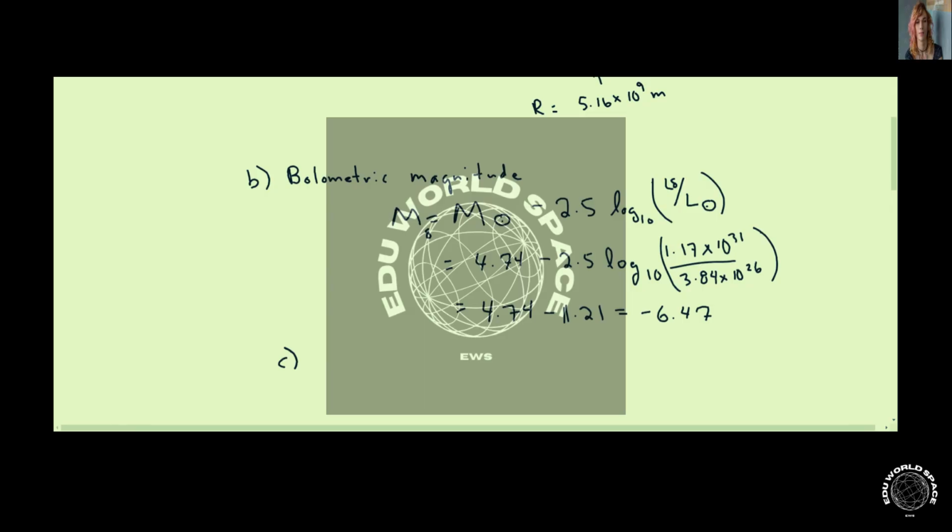Once we find the absolute magnitude, we can use the distance modulus as one way to figure out the apparent magnitude. And of course, to do that, we need the distance to Delta Scorpii compared to 10 parsecs. And that is information that we have.